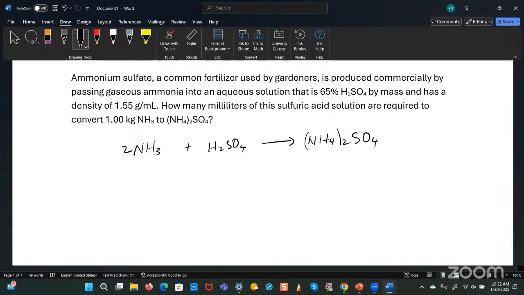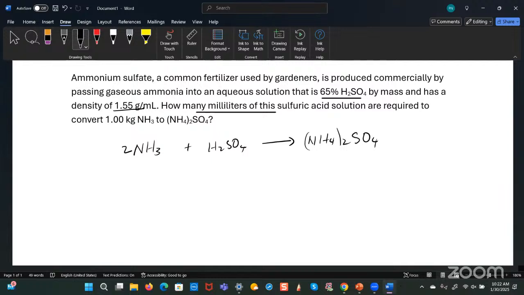Okay, so now that we have a balanced equation, let's look at the numbers that we have to deal with. The question gives you percentage of sulfuric acid, it gives you the density, and it's asking how many mL of the sulfuric acid solution are required to convert 1.00 kilograms of ammonia to ammonium sulfate.